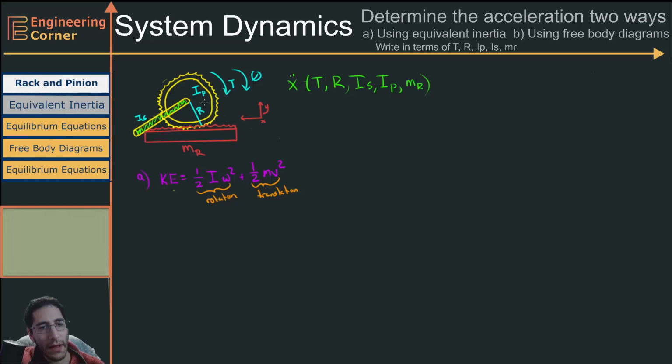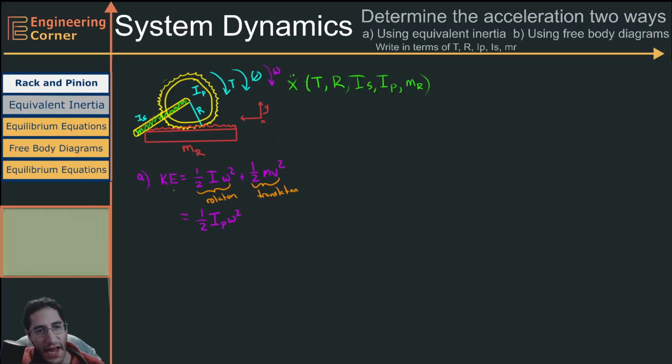So when I look at this, I'm going to start with this gear. So this gear only is going to be rotating. So I'm going to have 1/2 I_P omega squared. So we're going to be rotating with some angular velocity, and we're going to call it omega.